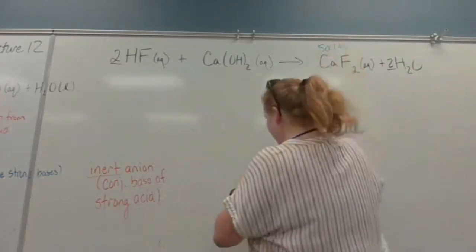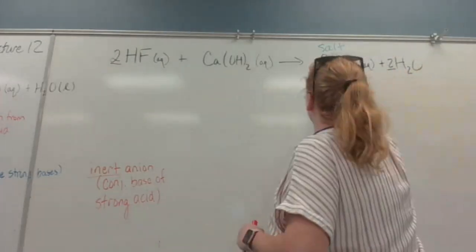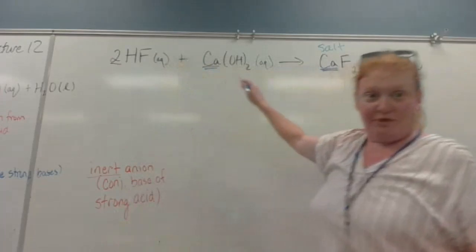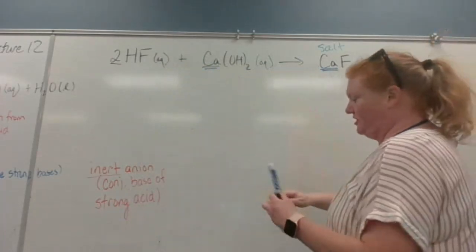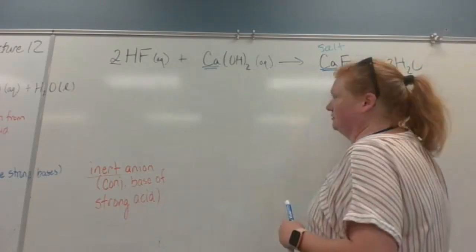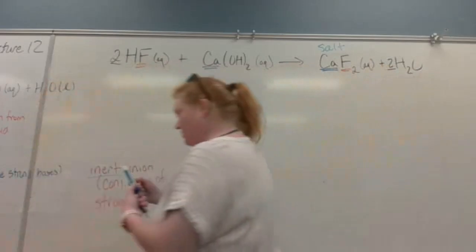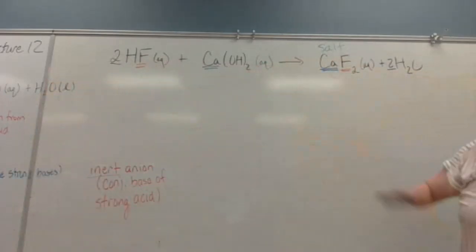All right. If I look at this salt, here's my cation. It came from there. Here's my anion. It came from there. Am I doing the same colors? Okay. What can you tell me about this salt?